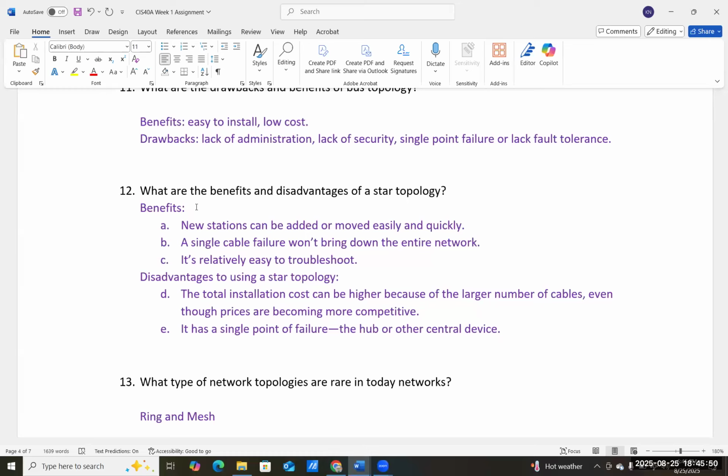And then a mesh. A mesh would be interconnected, right? So I would be connecting from this system to the middle system, and that middle system is connecting back to this system. So you're going to have like a star within a ring. So that's a mesh. That means there's more cable, more adapters, etc.